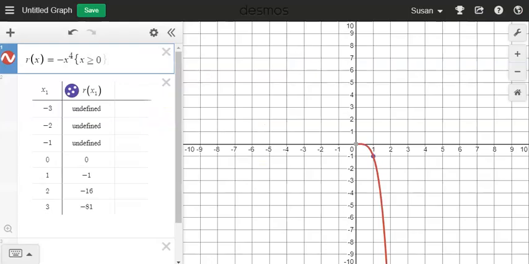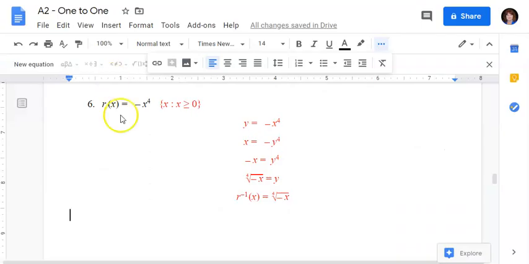So let's go over here and look at it. We have our function negative x to the 4th restricted to x is greater than or equal to 0. Well, what is this range? This range is y less than or equal to 0. So what we're going to use is x less than or equal to 0 for our restricted function, and that will prevent what I just said.